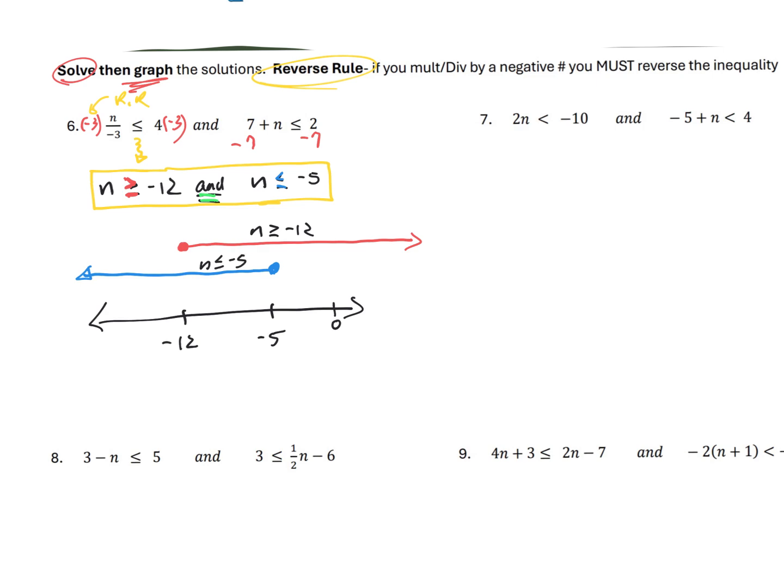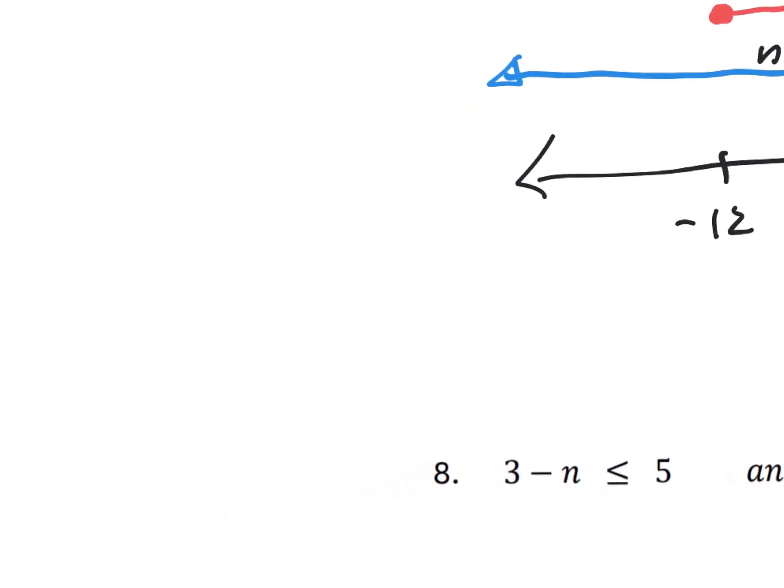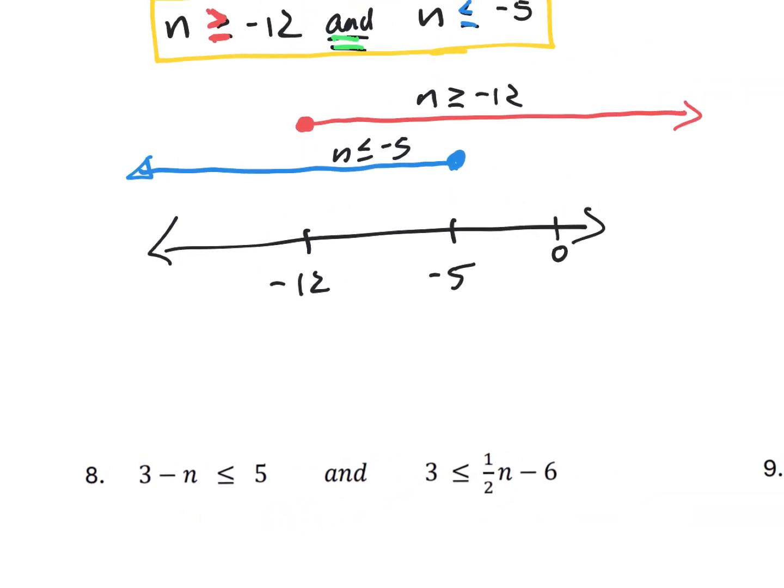So we are looking at which intervals have both colors. In the first interval, which is to the left of -12, there's only the blue. In between -12 and -5, there are both colors. And to the right of -5, there is only red.